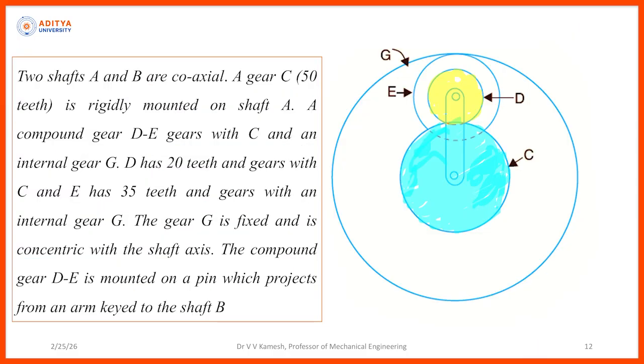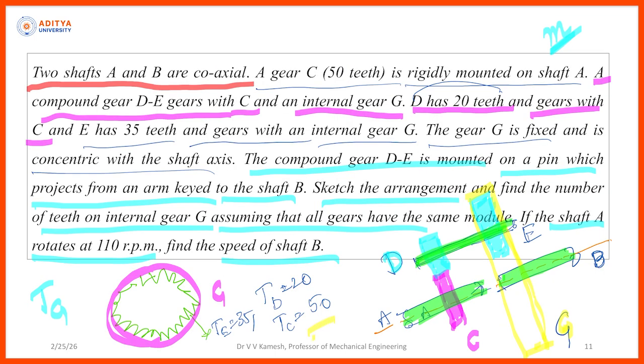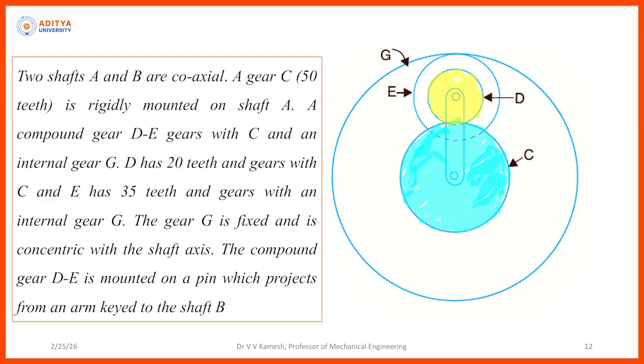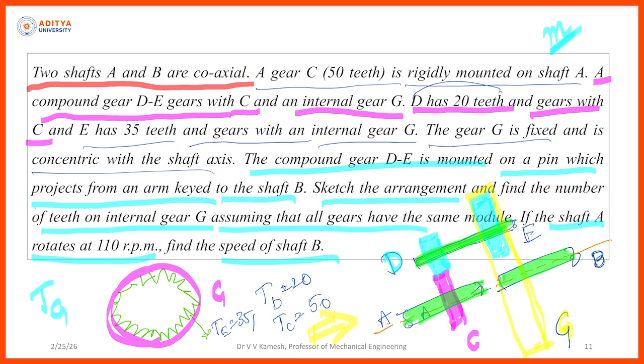So concentric. When we look from the other side, what we have drawn here is one view. You look from the other view, the side view, right. When you are looking from the side, centrally C will be there. C is meshing with the D, and what about the D and E? The number of teeth on gear D is 20 and E is 35.